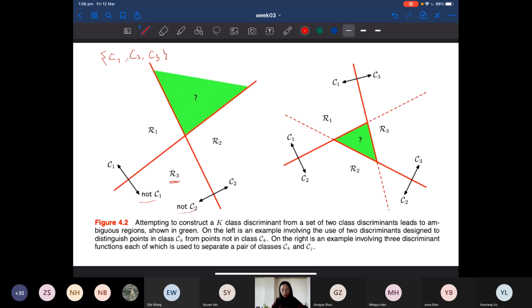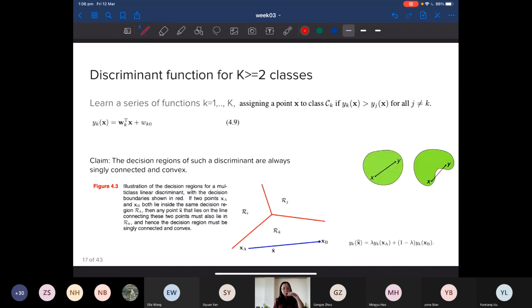And the green spot is still weird, because according to this line over here it says C3, according to this line over here it says C1, and according to this line here it says C2. So three different discriminants have three different opinions. Who do you listen to? You can't even say I listen to the majority, because there is no majority here.